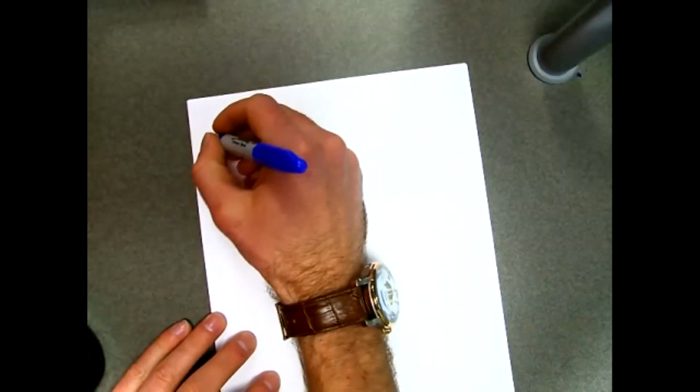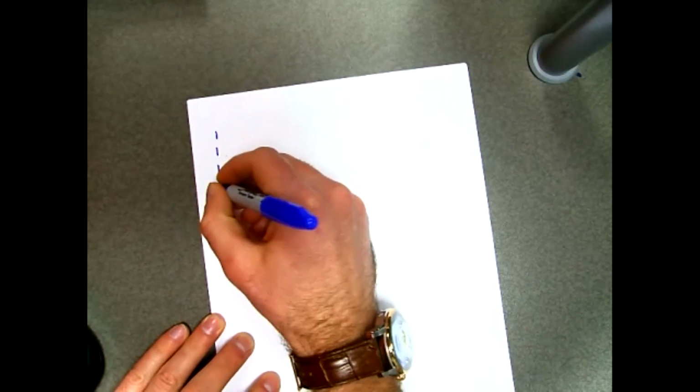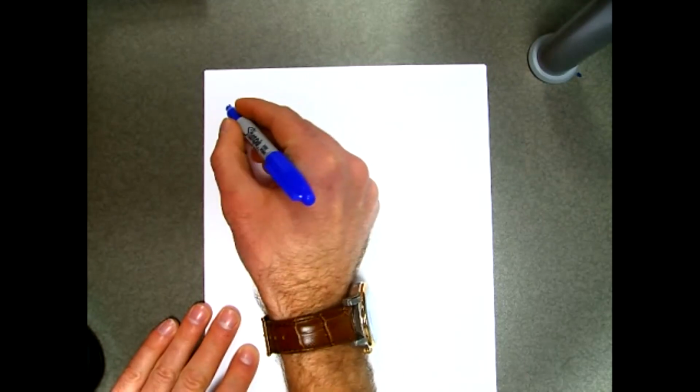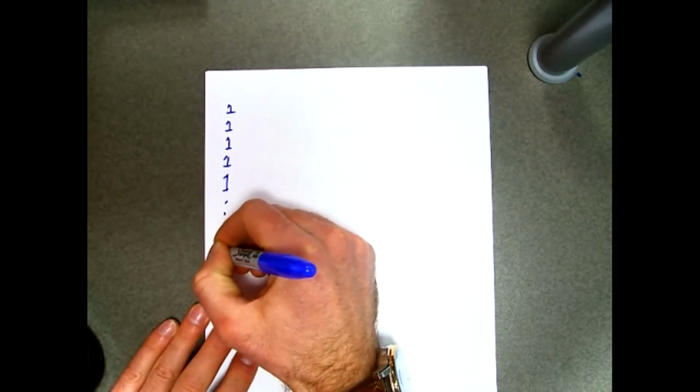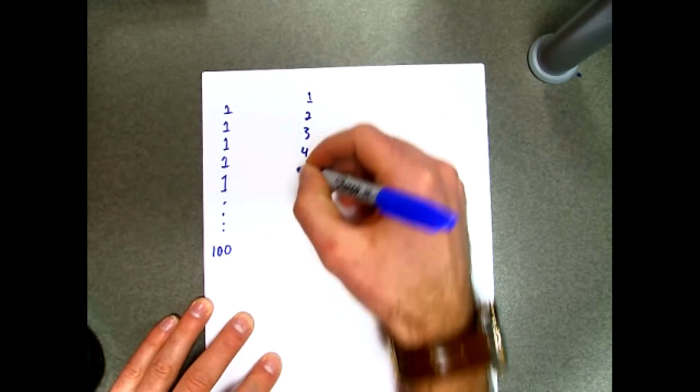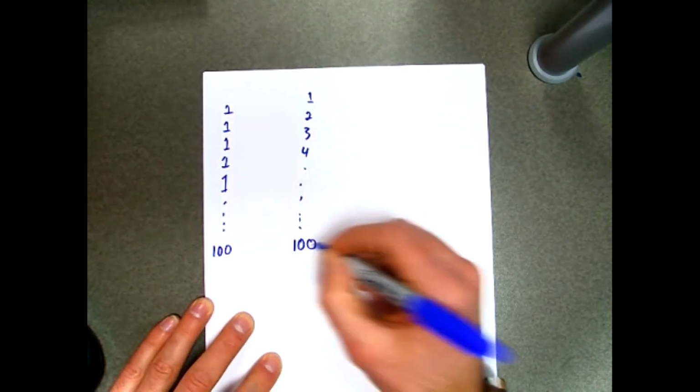Let's say I've got a data set where everything is 1, right? I guess maybe I'll write it like this. And then the very last observation is 100. Then I have another data set, 1, 2, 3, 4, all the way up to 100.